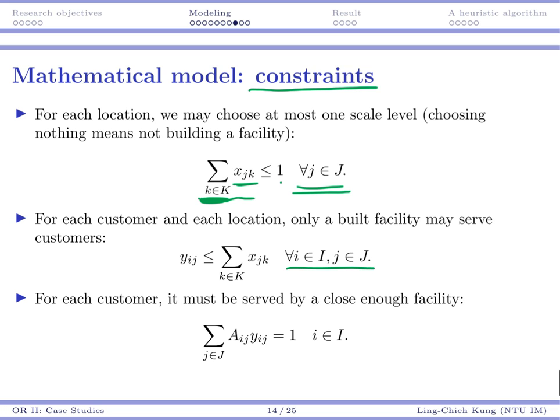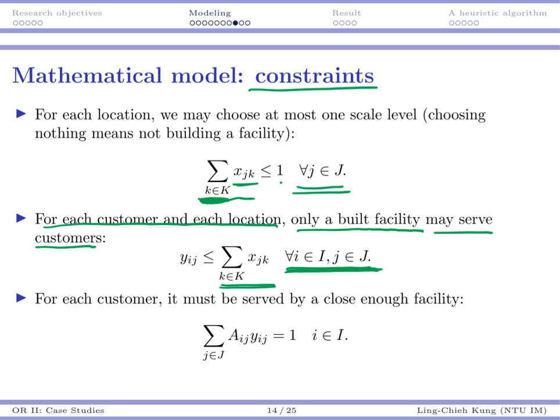And then for constraint 2, for each customer and each location, only a built facility may serve customers. So what does that mean? For each customer and each location, first you ask yourself whether any level is chosen in that particular location.